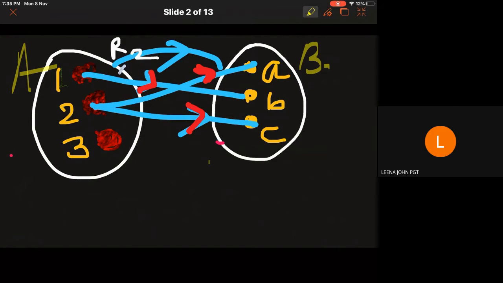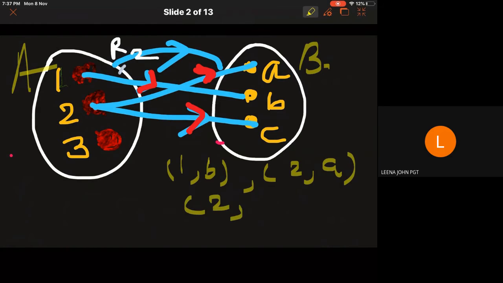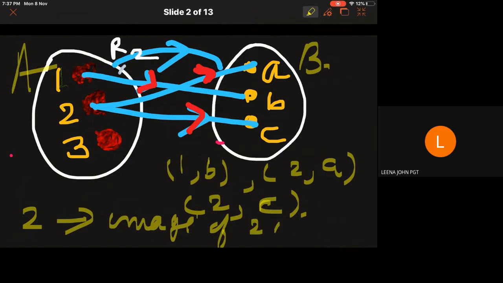And you can see that the image of 1 is B, the image of 2 is A, that is (1, B), (2, A), and 2 has one more image, that is C. So the speciality here is that the element 2 has more than one image, or you can say that the image of 2 is not unique. That means 2 has more than one image.